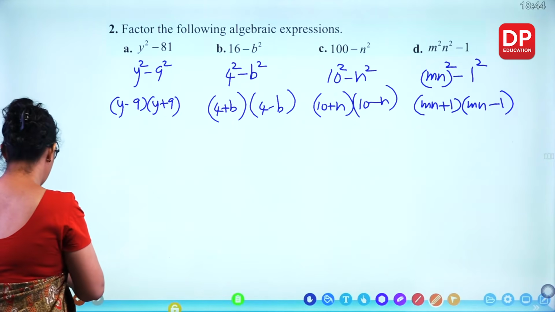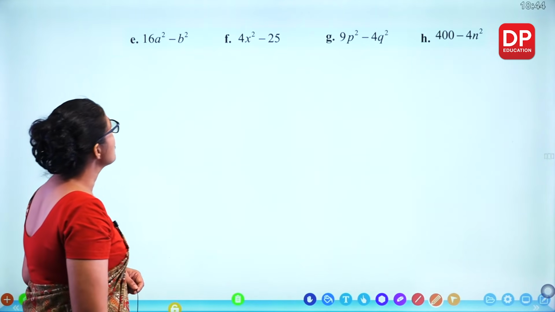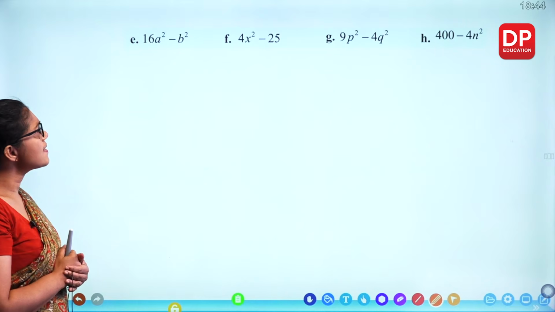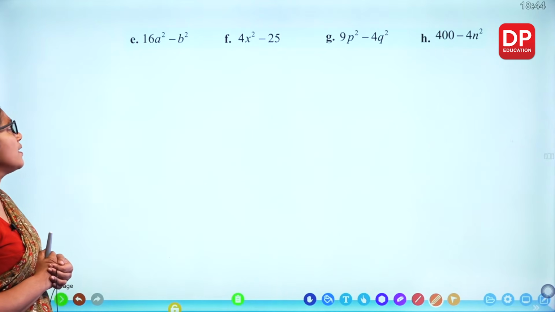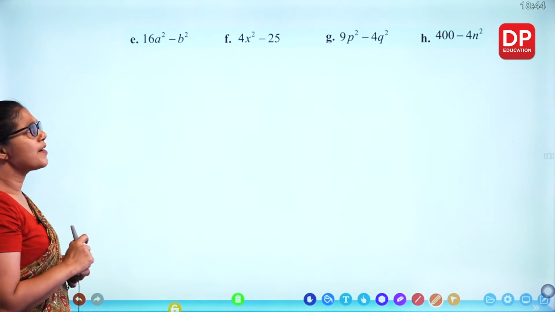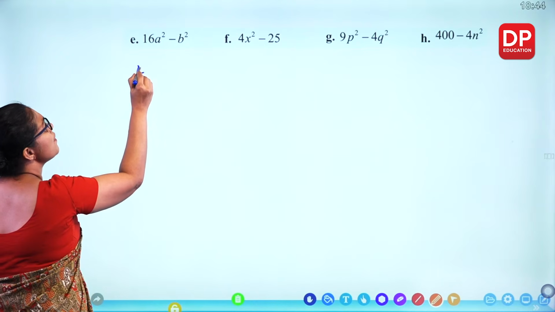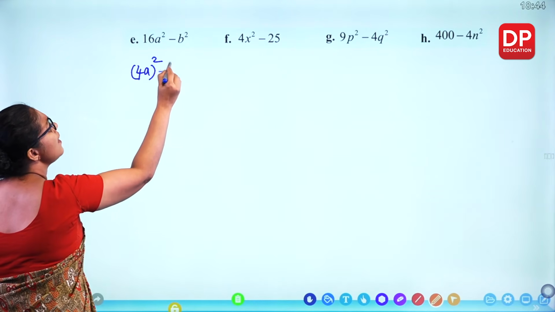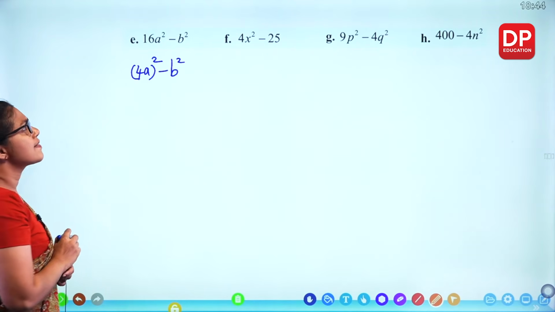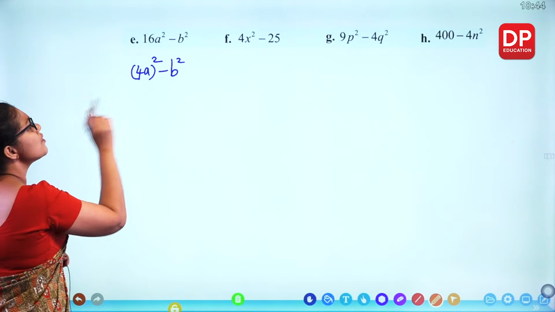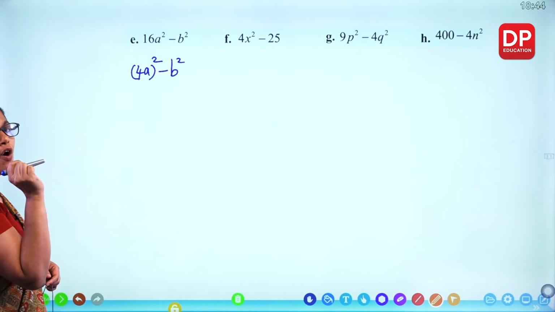Now we'll move to the next question. So here 16a squared minus b squared. Try to write down as square numbers. I can write 4a whole thing squared as 16a squared. Now straight away you can apply the formula.